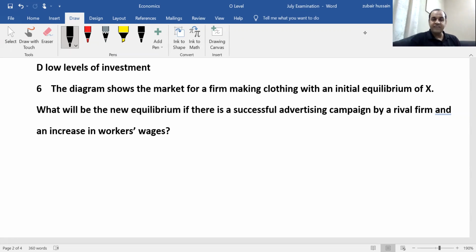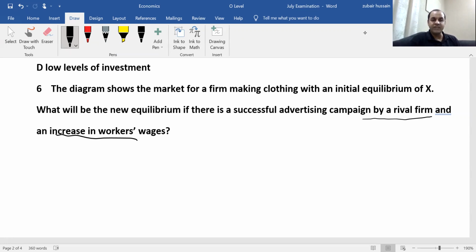The second thing here is the rival firm's increase in the workers' wages. When there is an increase in the wages of the workers in the rival firm, the workers of this firm will also demand a higher wage rate.